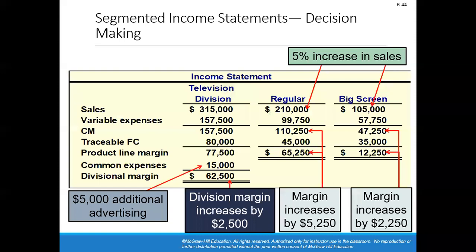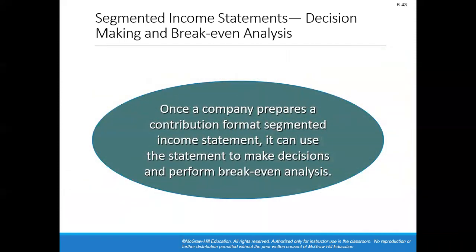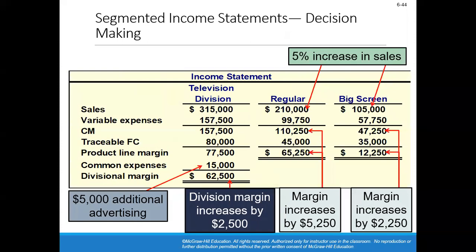So we'd like to see some scenarios. Say, for example, the company has decided that the television division will make an additional advertising of $5,000.